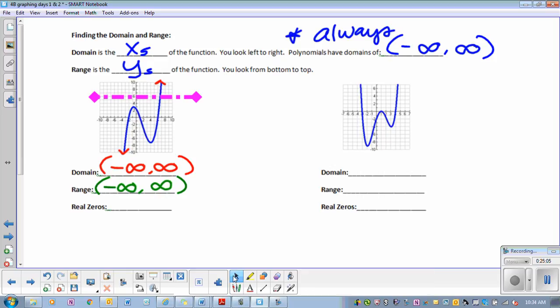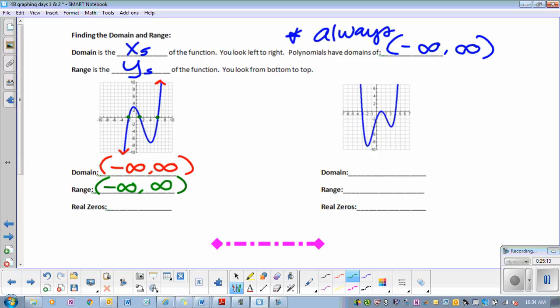Now, let's talk about the real zeros. Real zeros means the x-intercepts. I have 3 here. What are they? Or where are they? And we can put it in a little solution set. Where are the zeros? Okay, -2, 0. So I'll just put -2.